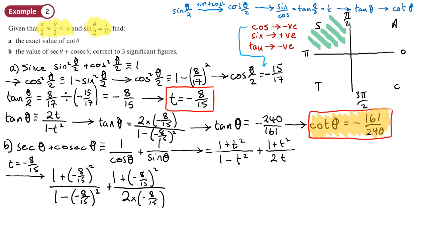Now you can do this on your calculator, but you may find it just as quick working this out manually. But since we're going to be given an answer to 3 significant figures, we might as well just work it out on our calculator.